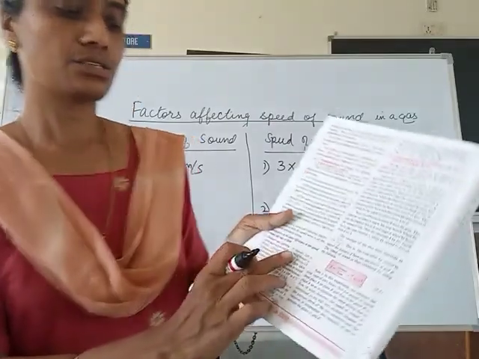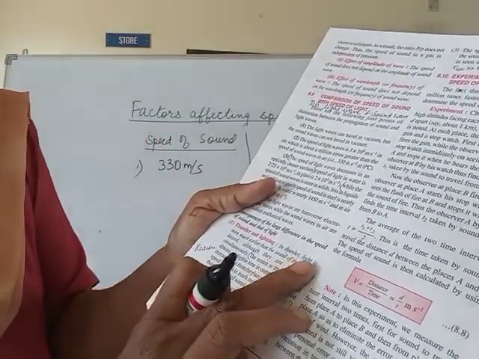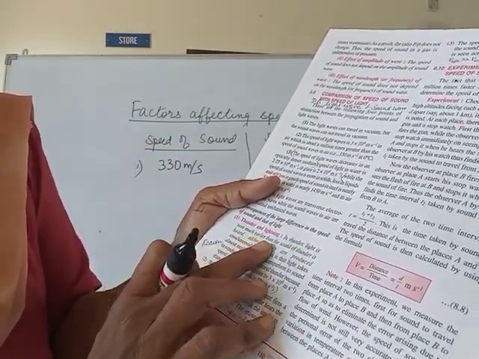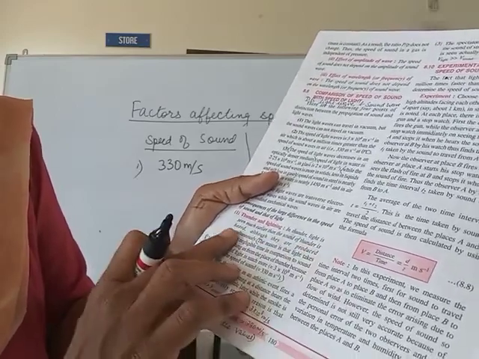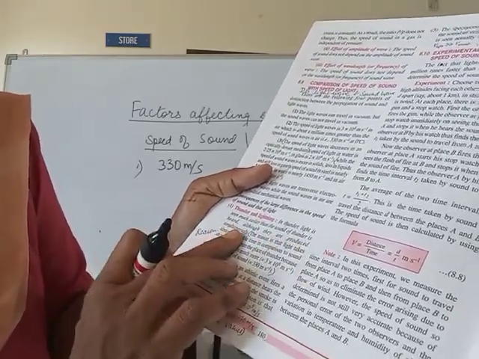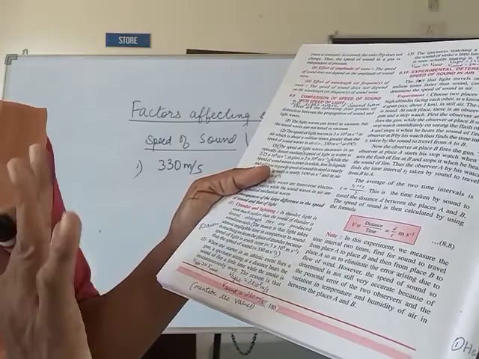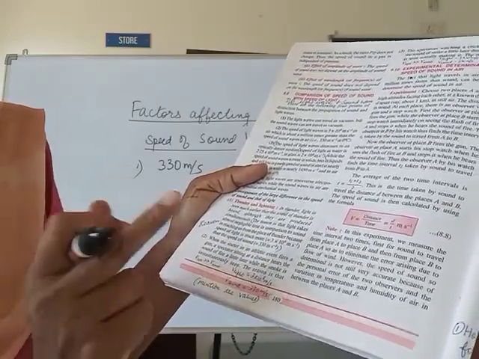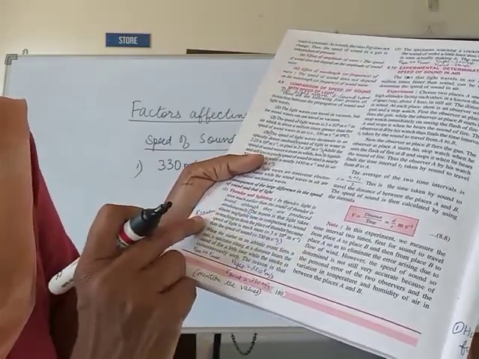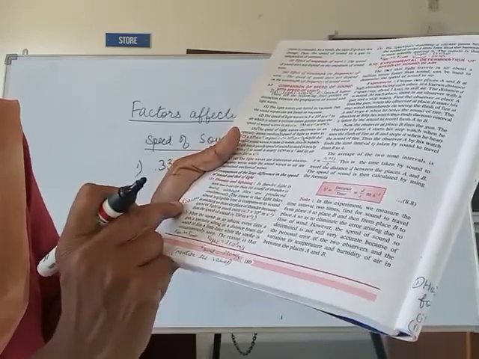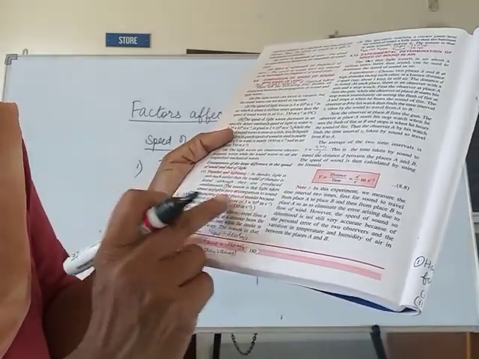Okay children, so the point is, in thunder, light is seen much earlier than the sound of thunder is heard. Although they are produced simultaneously, you see the lightning first and hear the thunder later. They'll ask it as a reasoning question.